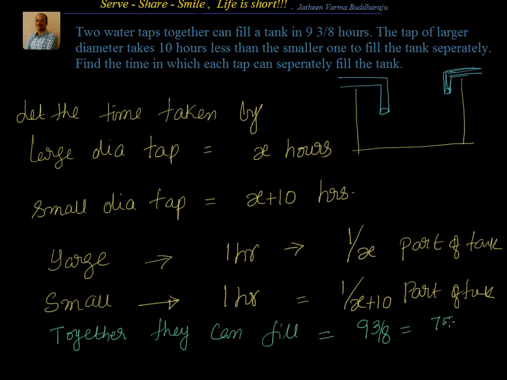Can I say nothing but 75/8 hours? Okay, if together they can fill the tank in 75/8 hours, in 1 hour how much of the tank will they fill? Nothing but in 1 hour they will fill 8 by 75th part of the tank. But this is nothing but equal to 1 by x plus 1 by x plus 10.